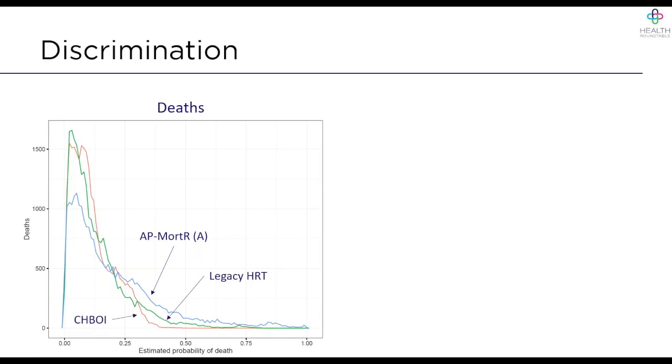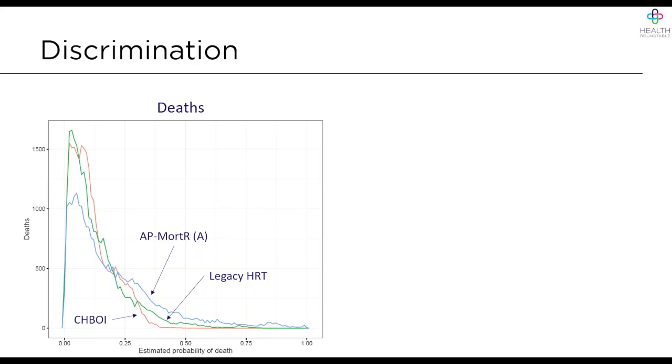The Chaboy model, for example, falls off much earlier and is very reluctant to give any predictions above around 30 or 40%. The legacy HRT model goes a little bit further, but still doesn't come anywhere near the AP-MortR model in terms of discrimination.